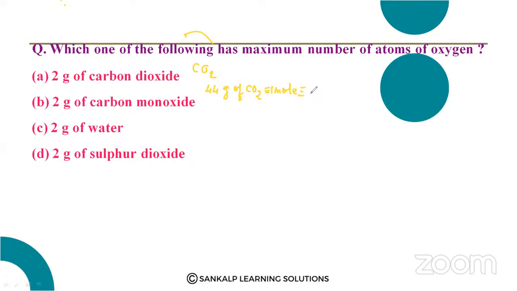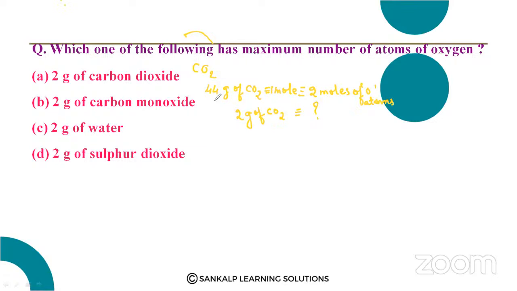In this 44 grams of carbon dioxide, how many moles of oxygen? There are 2 oxygen, so it is 2 moles of oxygen atoms. We have to calculate for 2 grams of carbon dioxide.